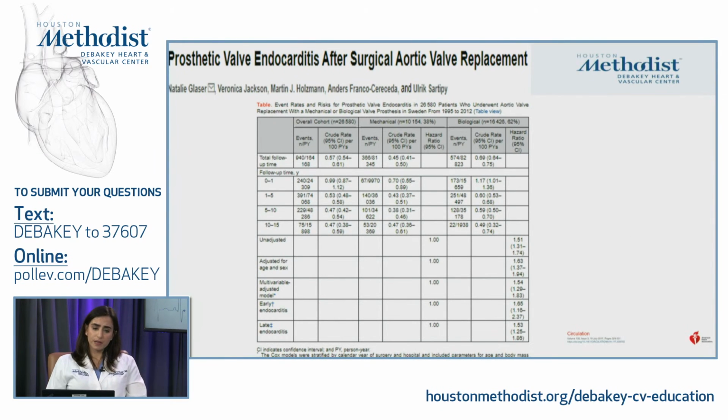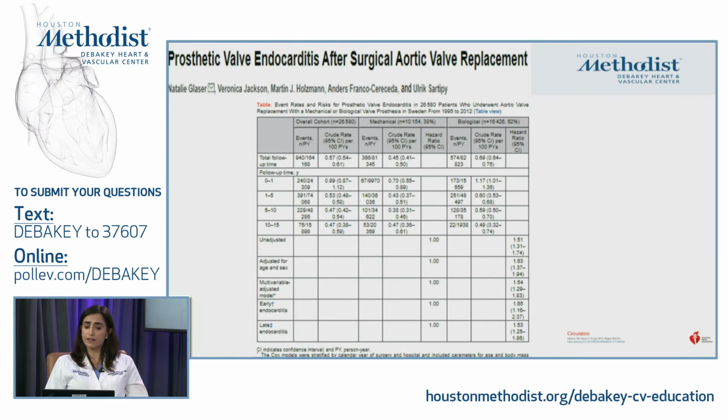So this is actually a really nice study put forth by the SWEDEHEART Group. It's the largest registry that we have today, about 26,000 plus patients who underwent prosthetic aortic replacement in Sweden, both mechanical and bioprosthetic. And the incidence of this disorder is pretty low, thankfully, given the devastating consequences of it at times.